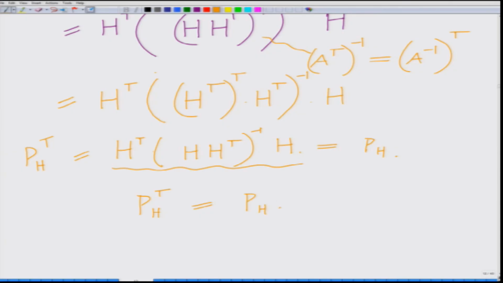So, PH has this interesting property that it is transpose symmetric.